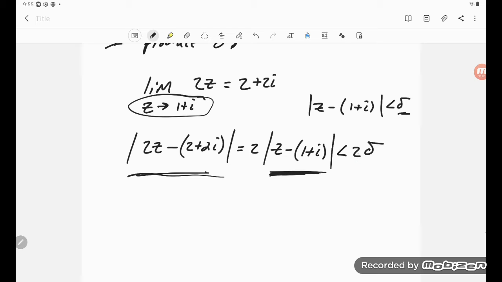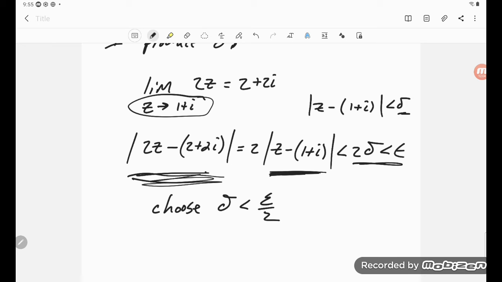And now, if this needs to be less than epsilon, then all I have to do is ask how I would have to pick delta. Well, choose delta less than epsilon over 2. I just get that from playing that game right there.